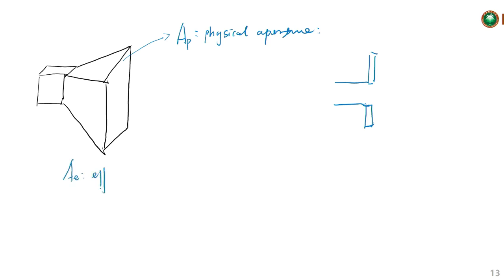We call it effective aperture. So even if there are some devices that do not have physical apertures, we can define the effective aperture for the characterization of it.